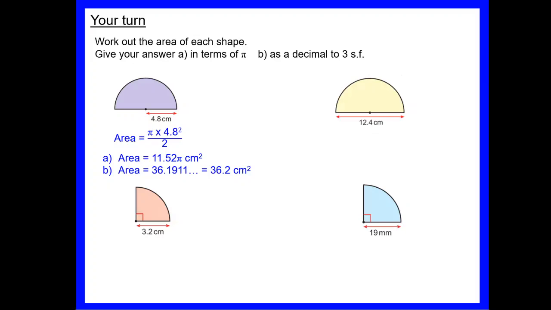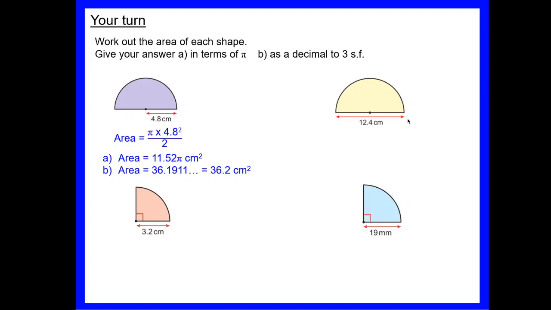To 3 significant figures, remember that means the first 3 digits. So 1, 2, 3 digits. We round using our 4th digit, so the 9 makes the 1 into a 2, and we get 36.2 centimeters squared. Remember, we round to 3 significant figures, not decimal places this time, so it may change for each question.